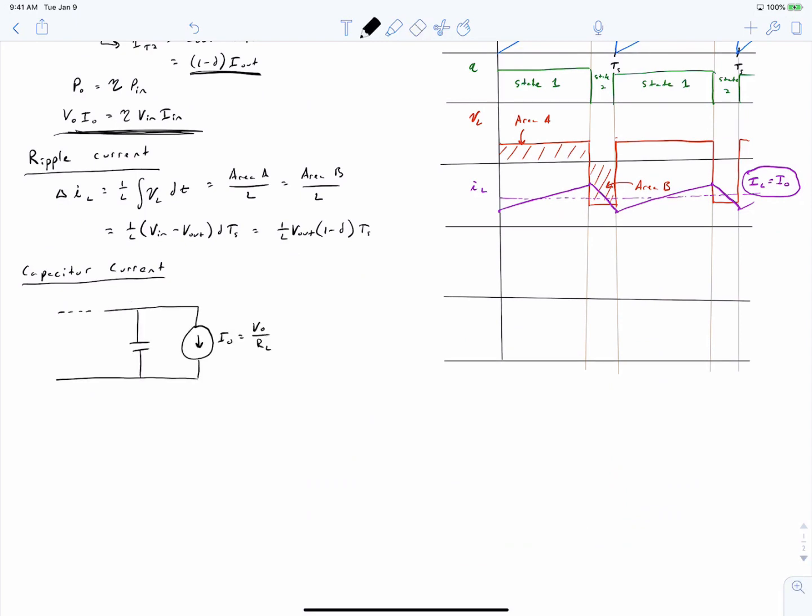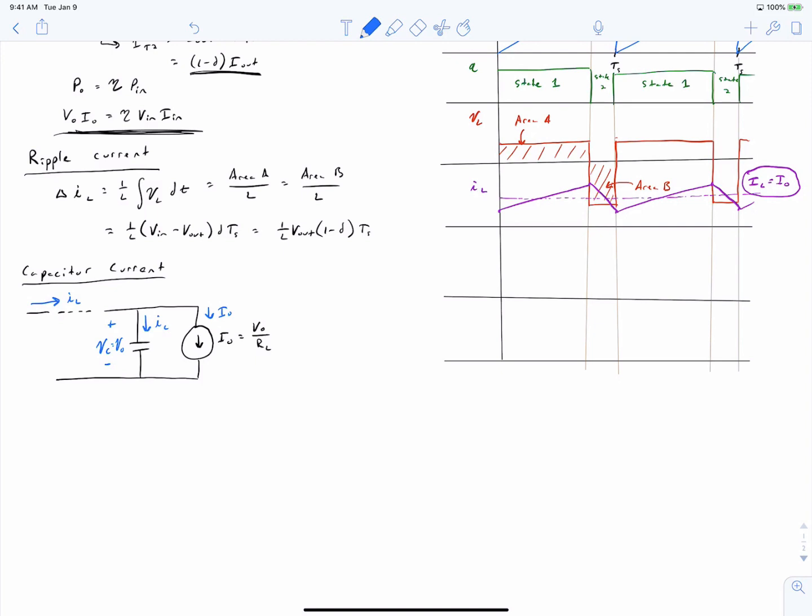And the current going into this branch is simply our inductor current, IL. So to summarize here, before we go any further, we've determined our inductor current value by treating our load as a fixed voltage equal to Vout.